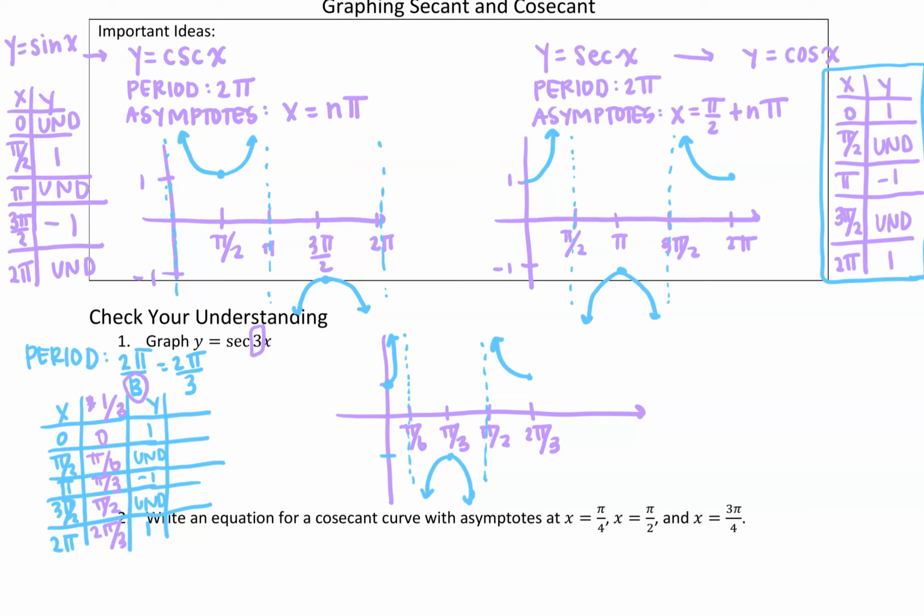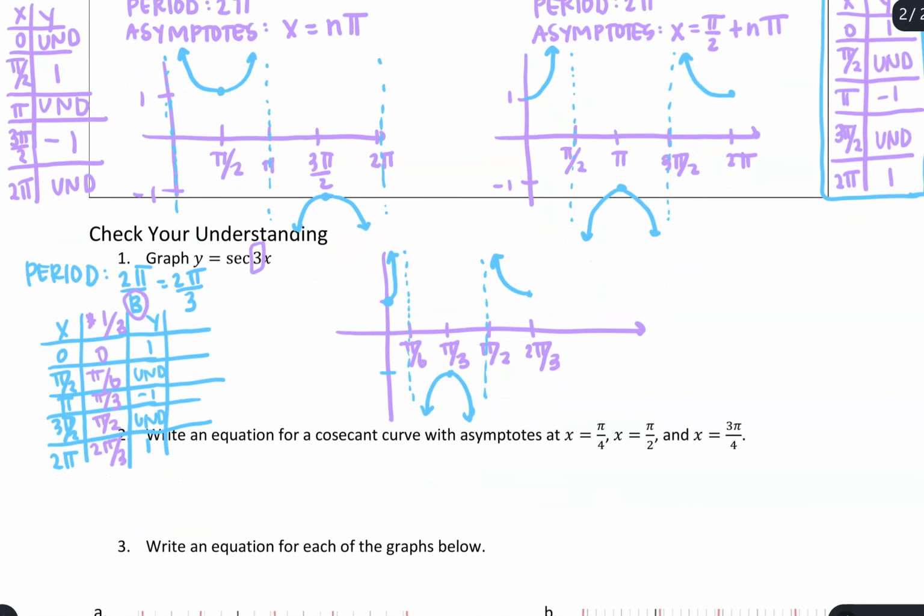Okay. So what about for number 2? Write an equation for a cosecant curve with asymptotes at x equals pi over 4, x equals pi over 2, and x equals 3 pi over 4. So cosecant. So if I'm going to change my asymptotes, that means I have to have what inside there?